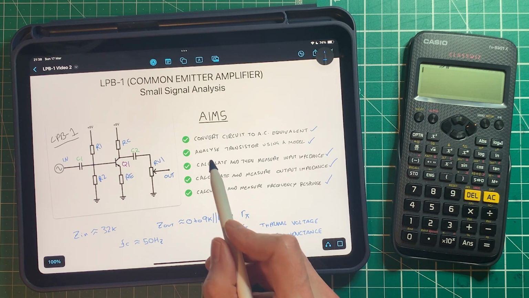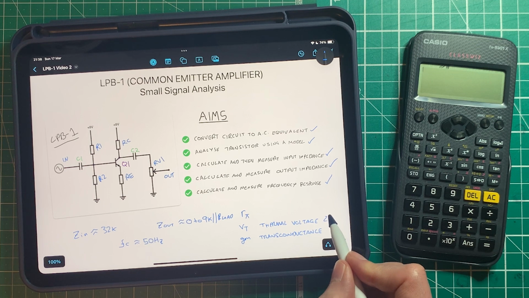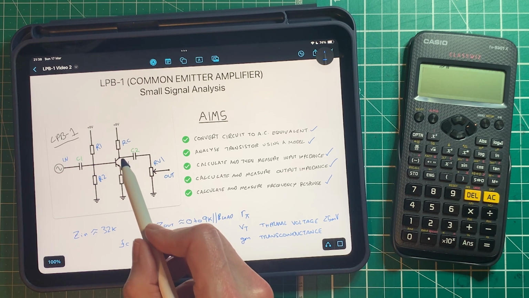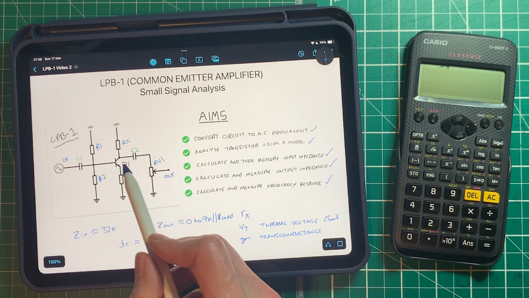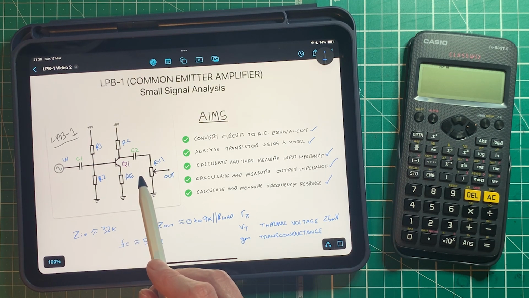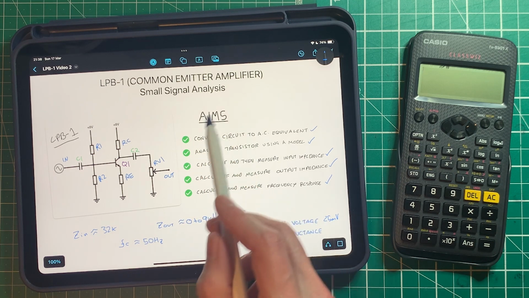We've looked at a transistor model called hybrid pi. We've looked at the value of R pi. We've discussed the term thermal voltage, and we know it's about 25 millivolts at room temperature. And we've looked at transconductance measured in Siemens and how we can use that to effectively model some of the resistances within our transistor. So I hope that's enlightened you on the LPB-1 Common Emitter Amplifier circuit from an AC perspective.